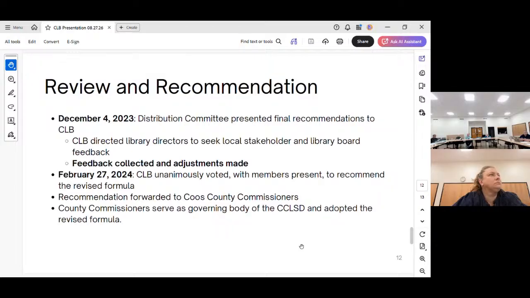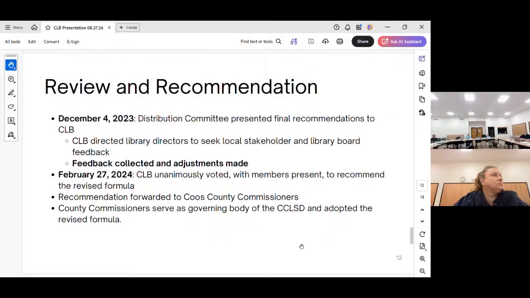So then the formula was forwarded to the county commissioners, and they received public testimony on the subject. Barbara spoke on behalf of the board and the committee. Library directors spoke. People from different communities spoke and shared their input on the revisions to the formula, and ultimately the county commissioners decided to move forward with adopting the revision to the formula and to use that new formula to calculate the distribution of funds moving forward.